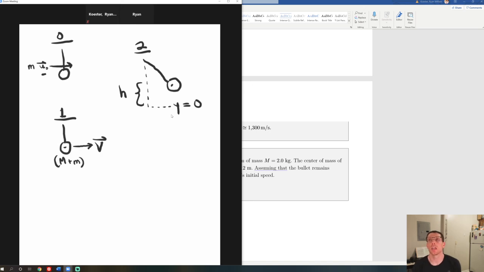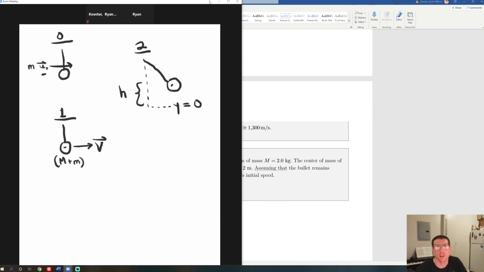So the pendulum-bullet system immediately after the collision has 0 gravitational potential energy, and then it changes to have some non-zero value of gravitational potential energy, and when its gravitational potential energy is at a maximum, its kinetic energy is 0. So hopefully this helps the sketch here.